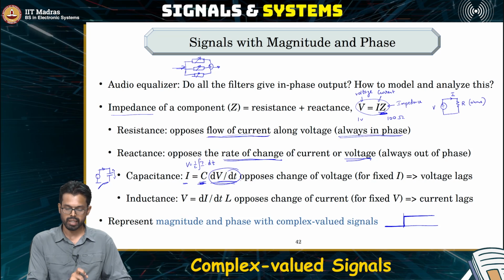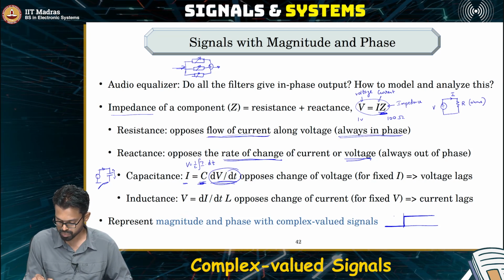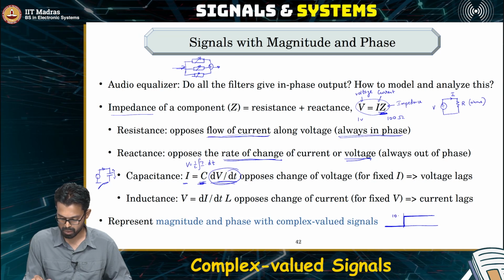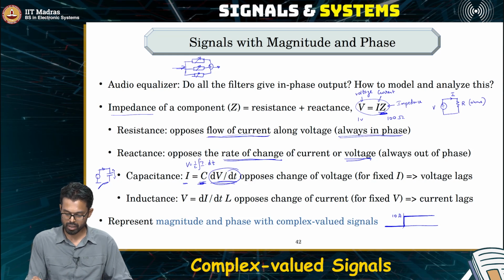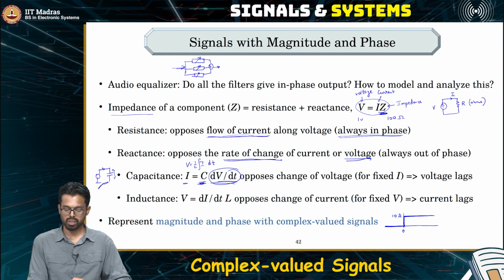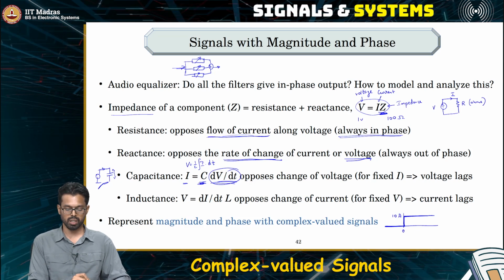Will the voltage immediately rise up? Will the voltage immediately change? Let's say this is 10 amperes. Till this point, till 0, the voltage was also 0, the current was also 0. Now the switch was closed and immediately the current changes to 10 amperes.